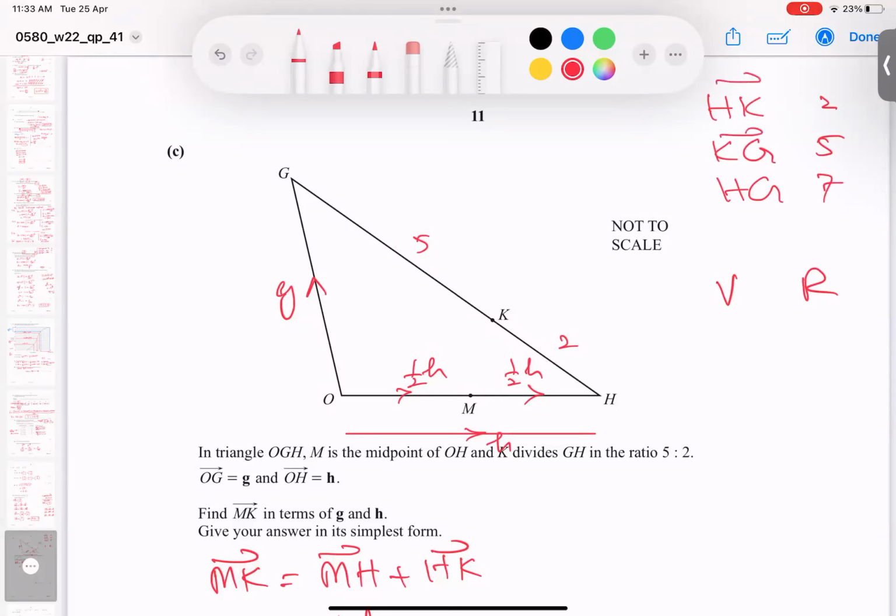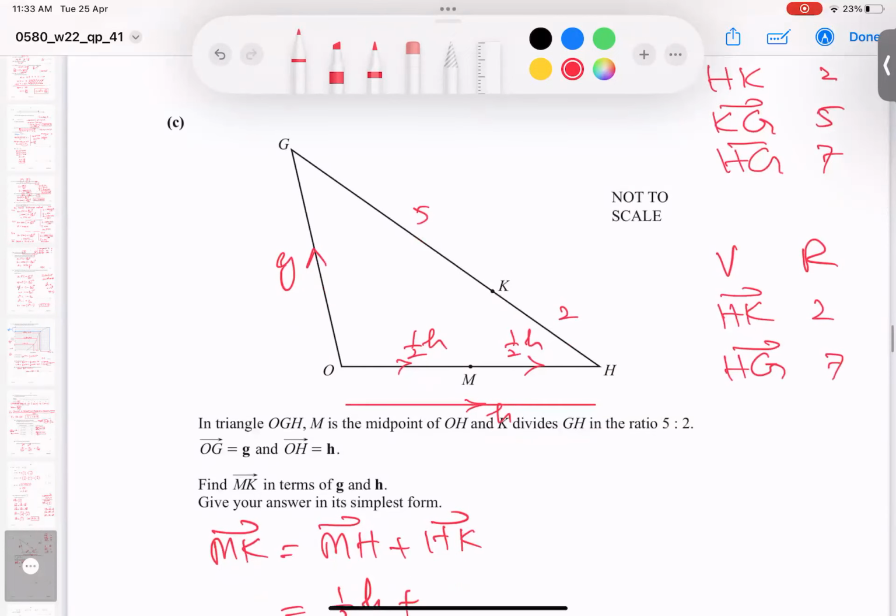Which two vectors will I pick from here? What is my unknown? The top one, HK, that I will take for sure. Now one more I will take. This is unknown itself. Second is also unknown. But a third one we can find. How can we find? Look, I'm going to show you.